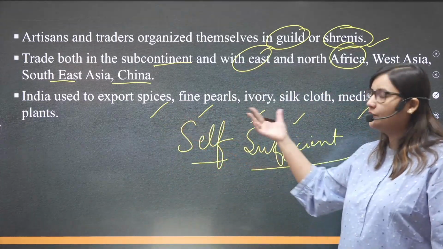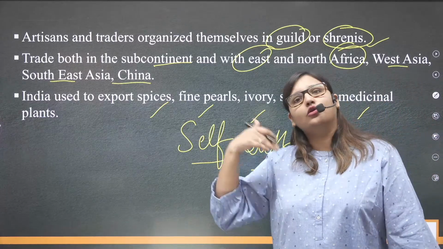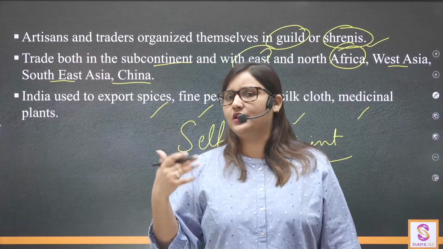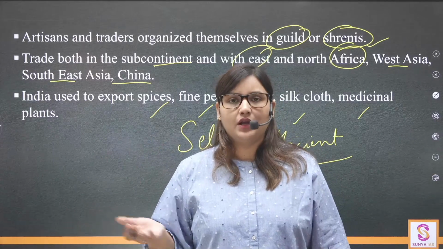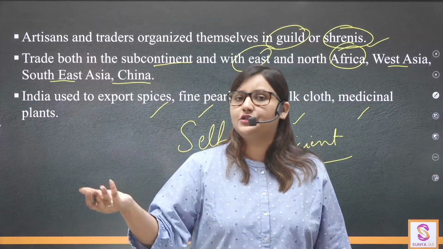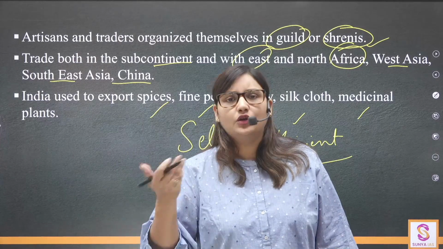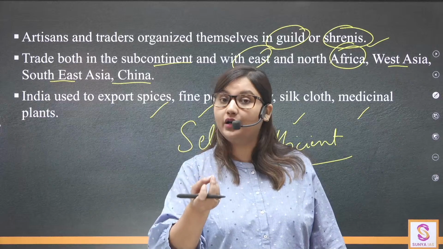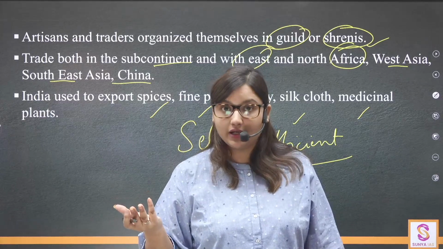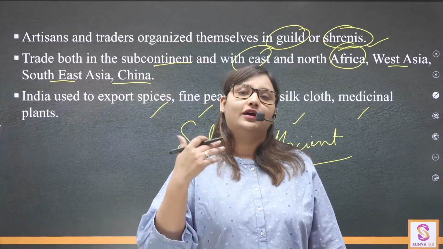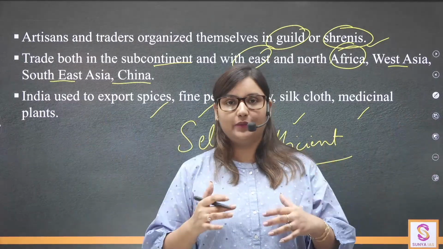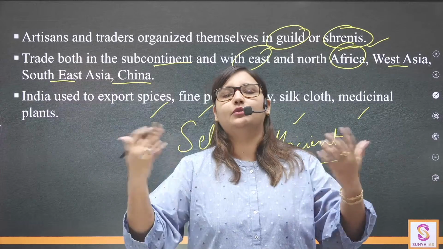Because we used to export these things. So Romans, Europeans, Chinese, Africans, they used to purchase from India. At that time, if you were purchasing any expensive item, you would use gold coins and silver coins, right? And the quality of gold and silver was also very high. So of course, all the gold and silver from the world came into India, and we sold the products.